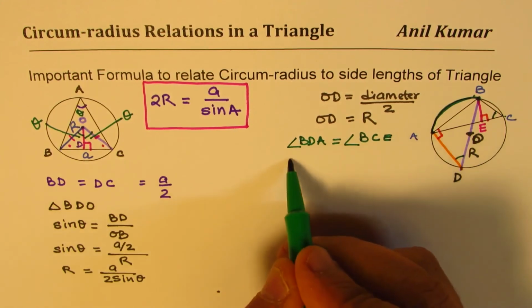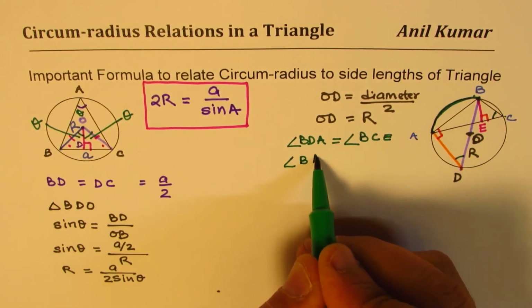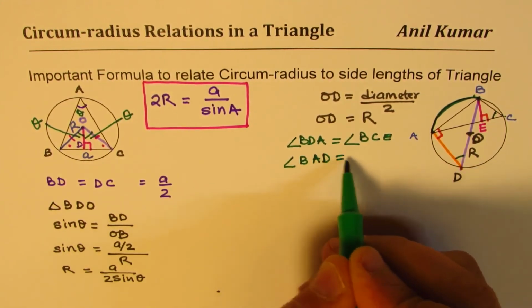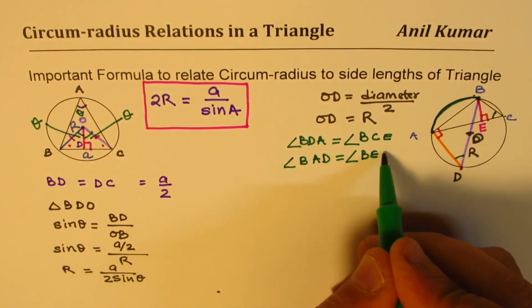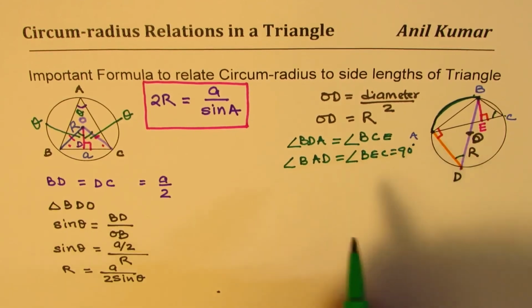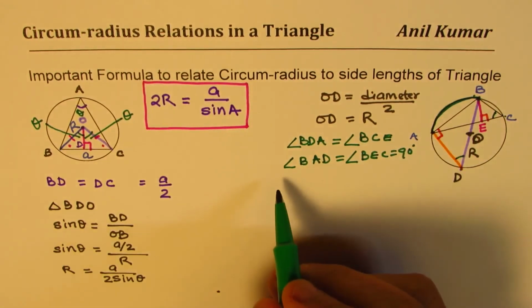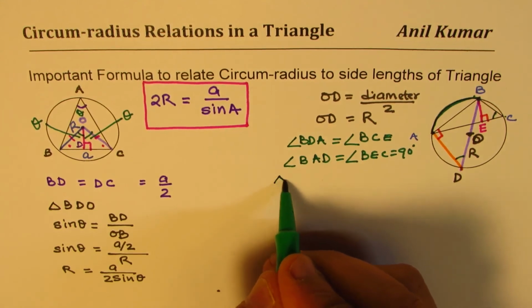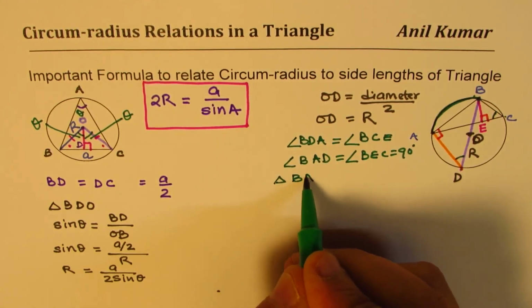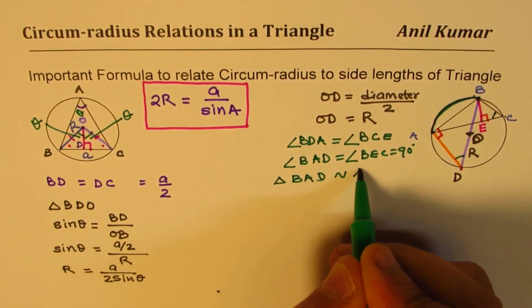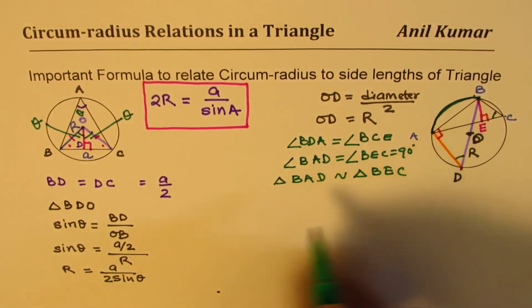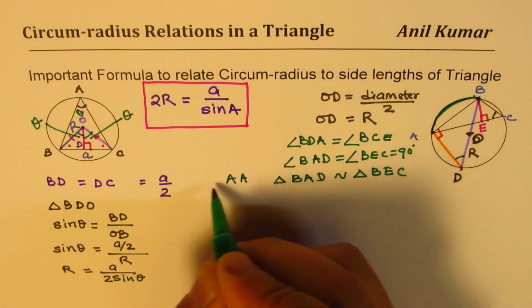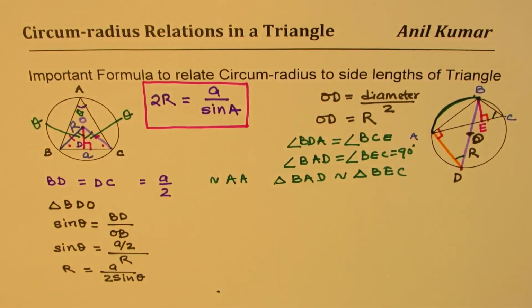And we know angle BAD is equal to angle BEC. Both of them are 90 degrees. So from this, we can say that the triangle BAD is similar to the triangle BEC, correct? AA property, right? Is that clear? So these two triangles are similar.